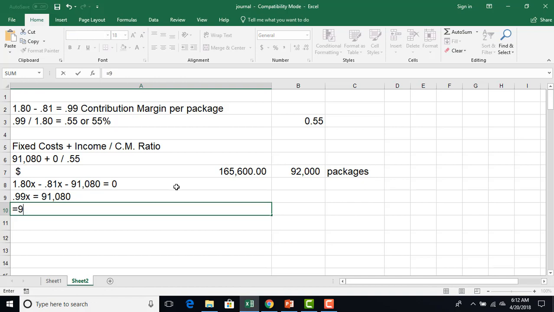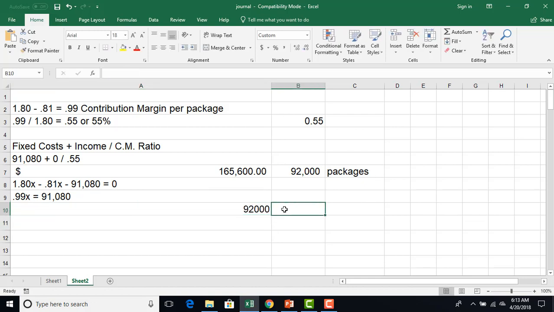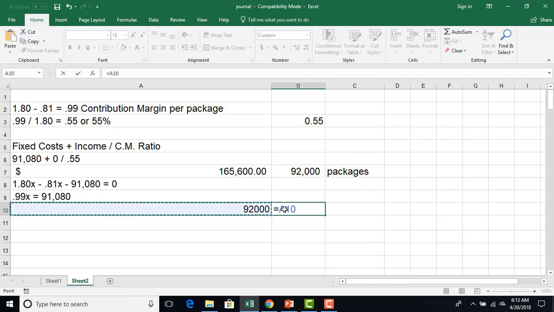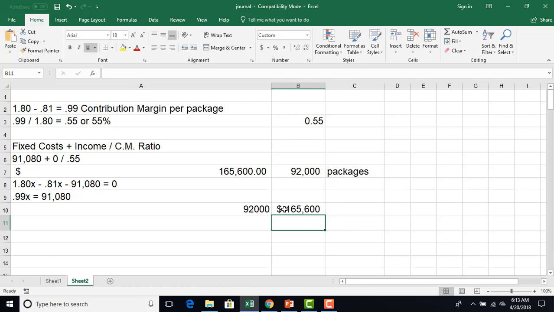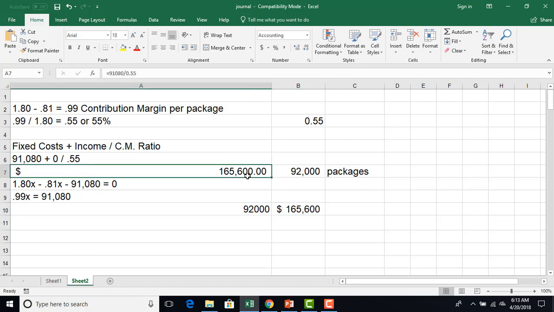So I'm left with 91,080 divided by 0.99. That gives me that break-even point, the same number, 92,000 packages. If you wanted to break it up to dollars, you could take 92,000, multiply by that selling price of 1.80, and you get $165,600. So the same result, just a slightly different way to calculate it.